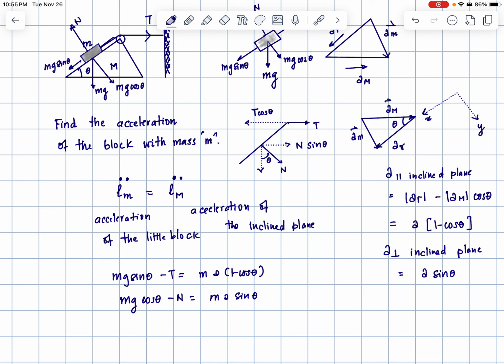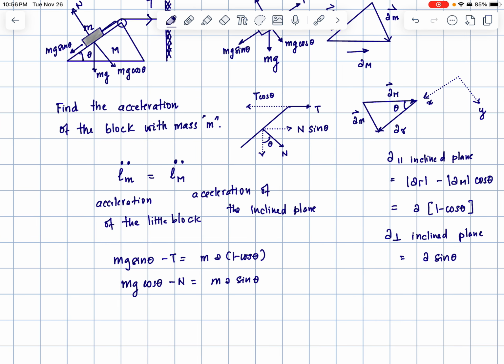Essentially what we are doing here is taking mg cosine theta and subtracting N from there. That is the net force along the y direction, and the acceleration in the y direction is a sine theta. Therefore the force in the y direction is m times a times sine theta. So we have that part.